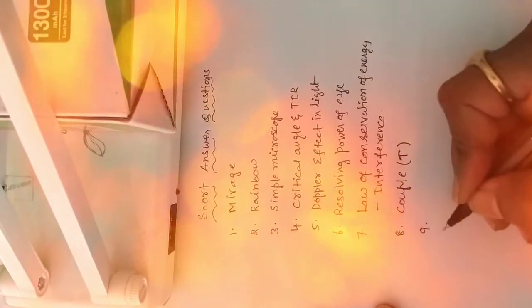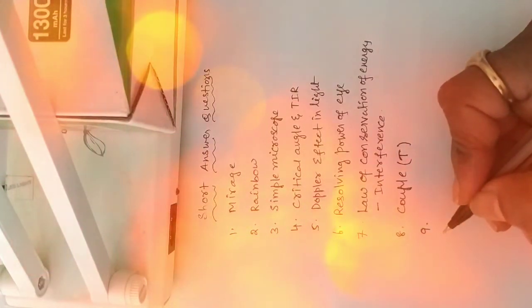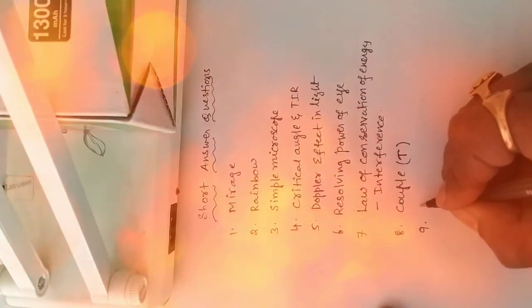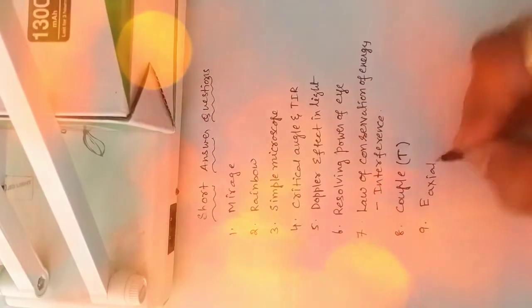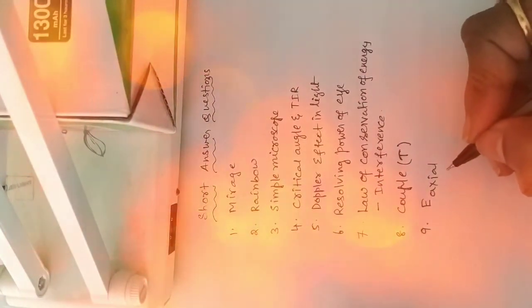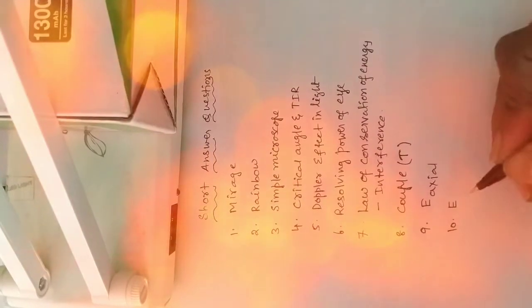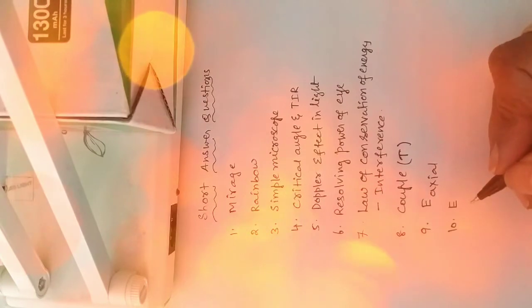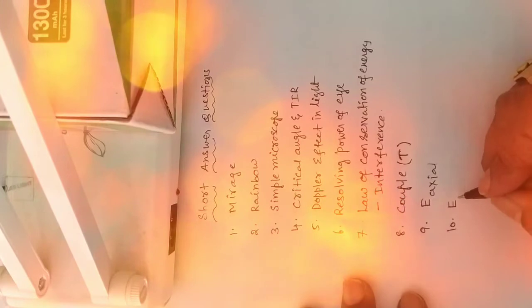Ninth question, derive an expression for the intensity of electric field at a point on the axial line of an electric dipole. And also we have the 10th question: derive an expression for the intensity of electric field at a point on the equatorial line.